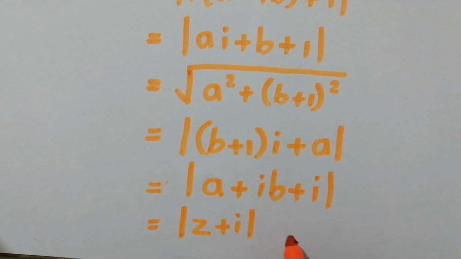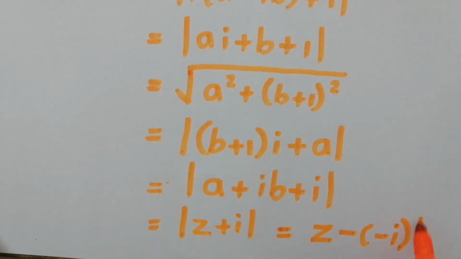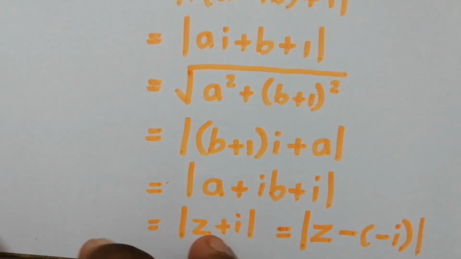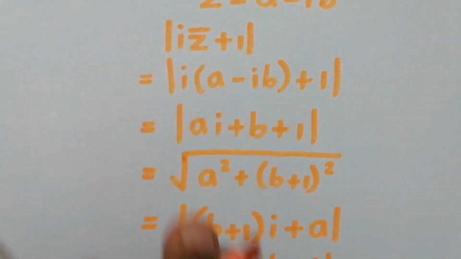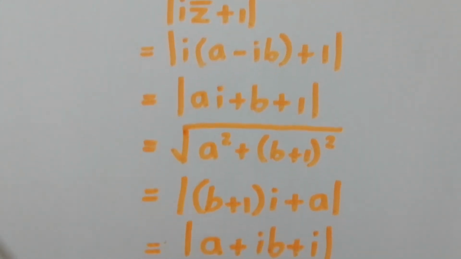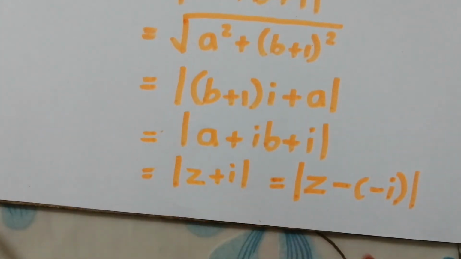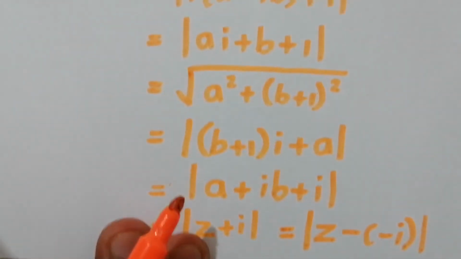Now we can form this in the way z minus z naught, like this, z minus (minus i). Okay, now we have converted this modulus of i z bar plus 1 into modulus of z minus (minus i).